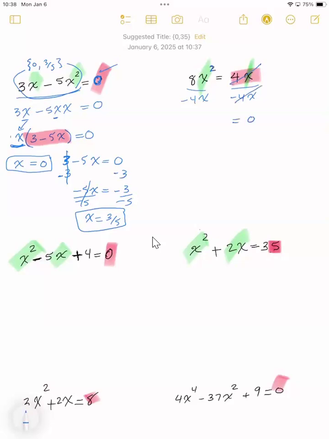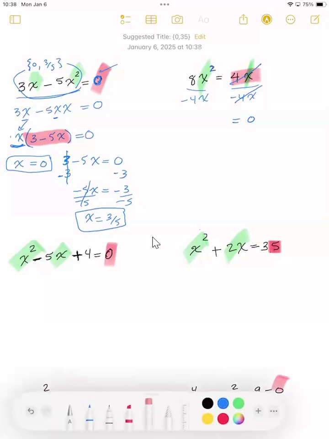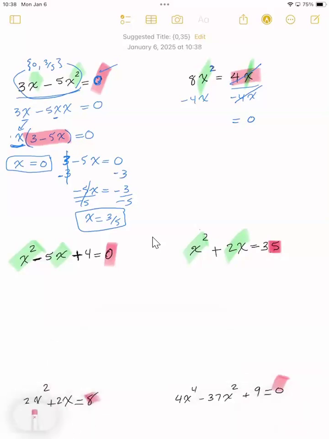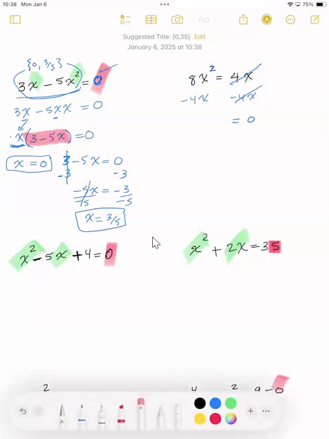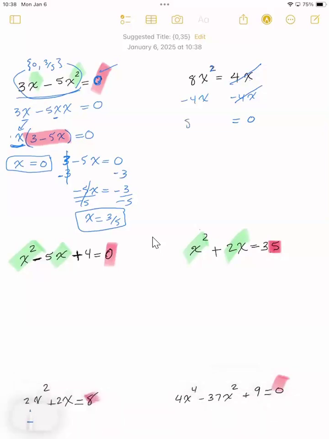I get 8x to the power 2 minus 4x. So I have two x terms. They don't have the same degree. I can't combine them. So I need to solve this equation.